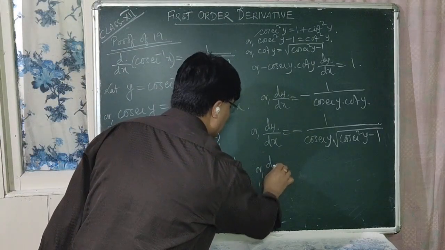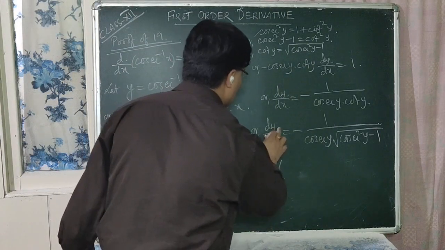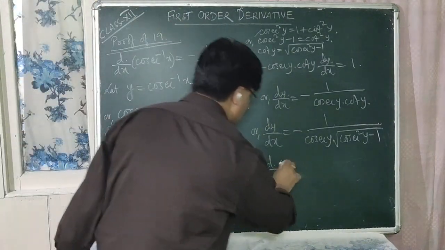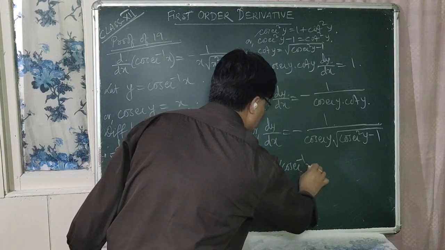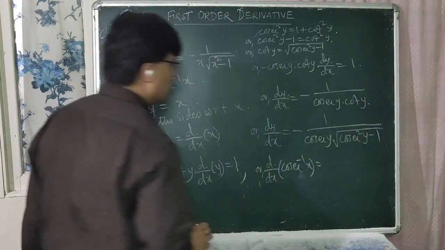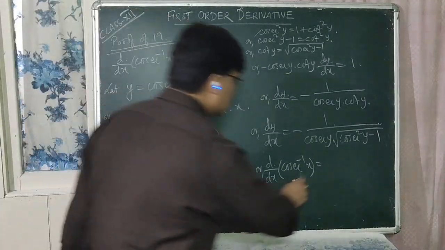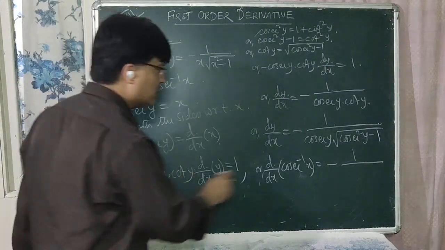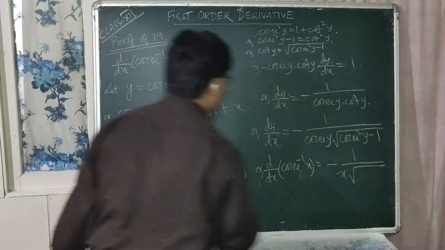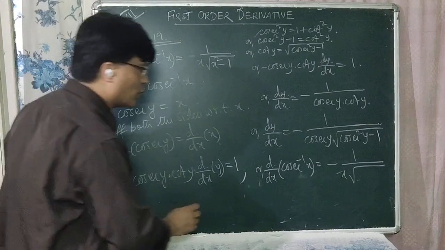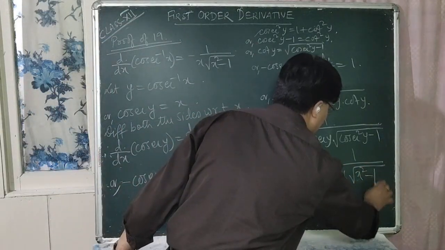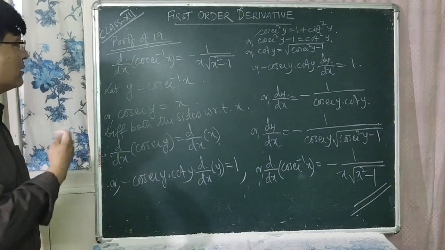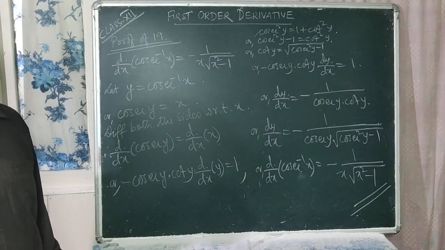So instead of y, you should write cosec inverse x, isn't it? So d/dx of cosec inverse x is equal to minus 1 upon, what is cosec y? Cosec y is x, right? And root over, what is cosec square y? It is x square minus 1. So it is proved. Similarly, you can prove formula number 18.